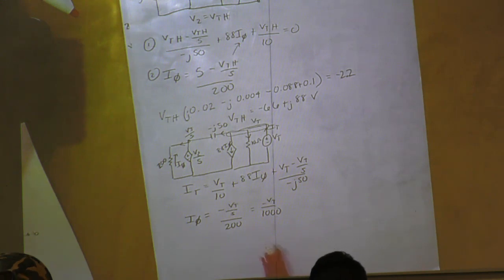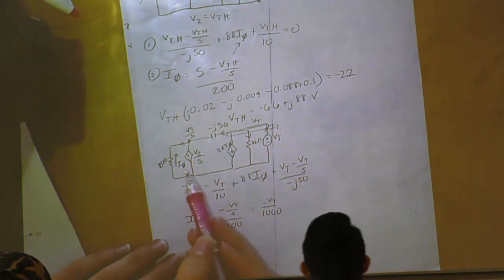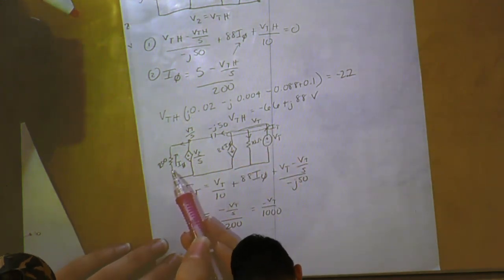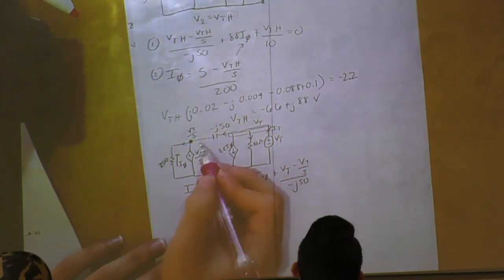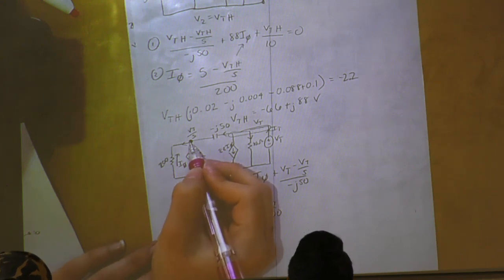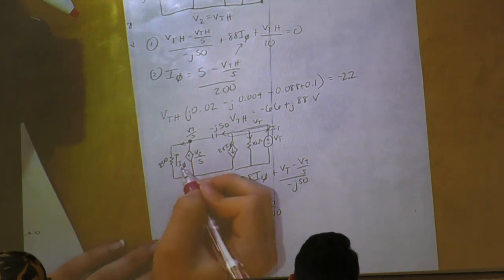I phi is the current over this resistor right here. So remember with how we do nodal analysis, it's the voltage drop over the resistance.